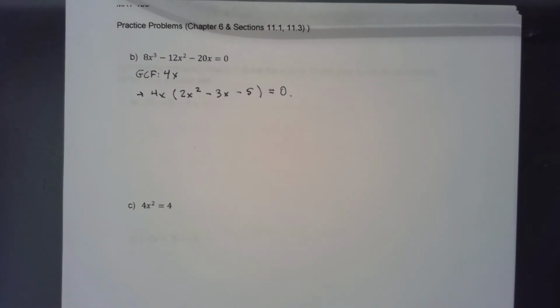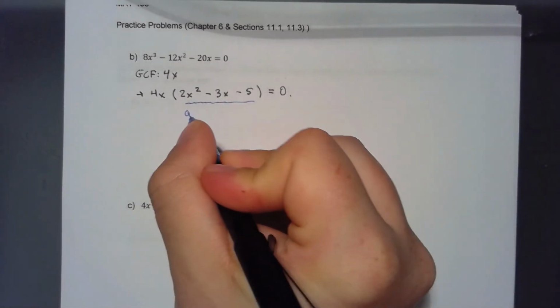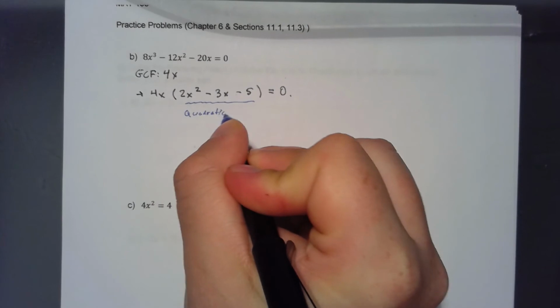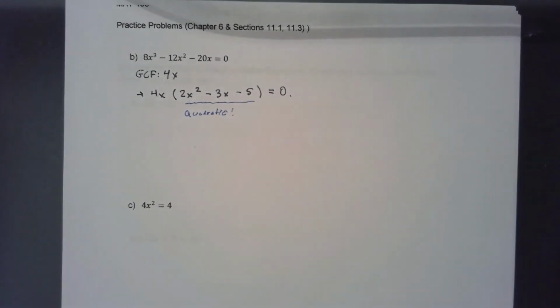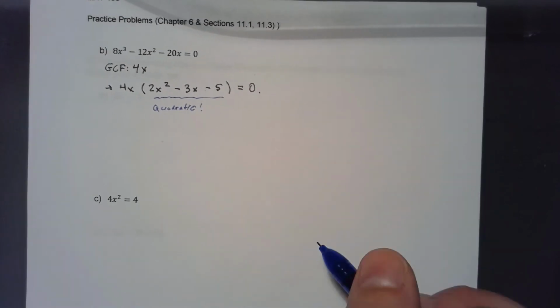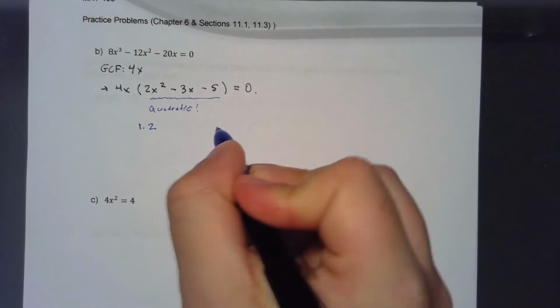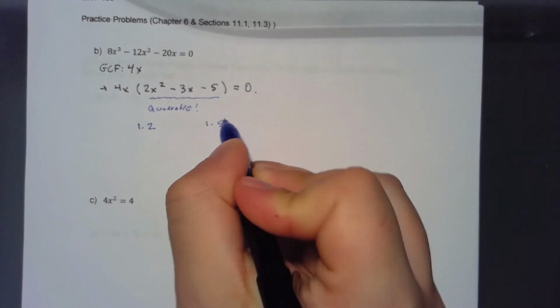I'm not done factoring yet, because you can tell that this is a quadratic. I will use the AC method for trial and error. So my factors are 1 times 2 and 1 times 5.